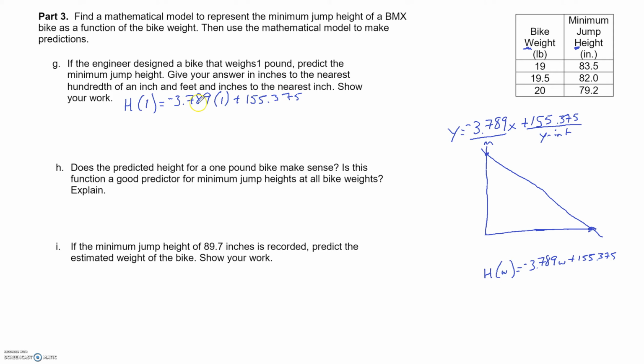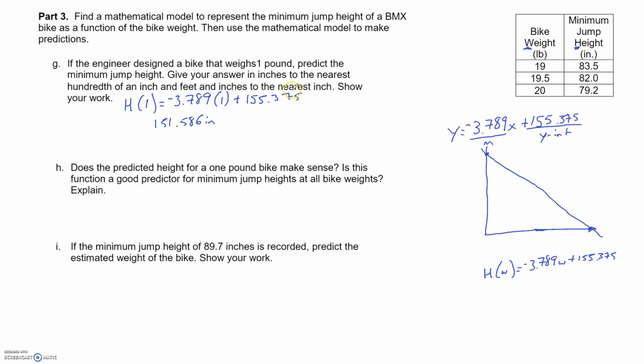Alright, so we're just subtracting, because anything times 1 is the same thing. We're subtracting 3.789 from 155.375. 155.375 minus 3.789 gives us 151.586 inches.